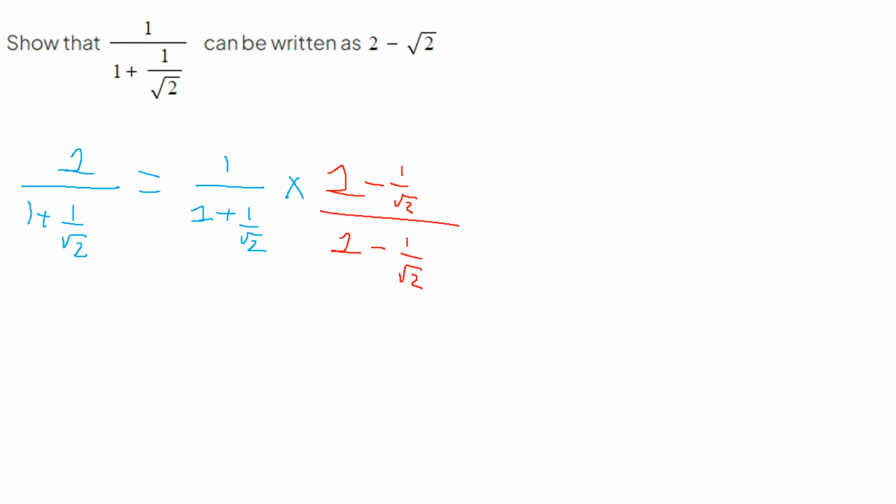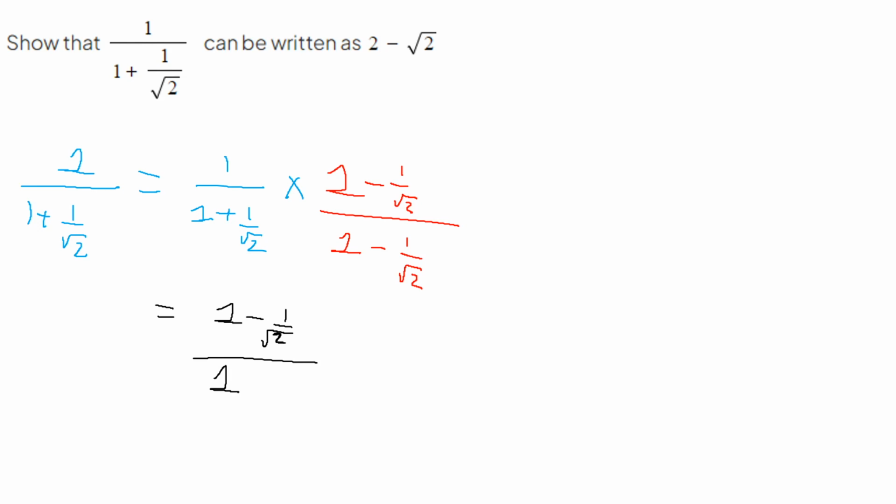And then we multiply them as if they were brackets. So the numerator is simply going to be 1 minus 1 over root 2. And then we're dividing it by 1 times 1, which is equal to 1.